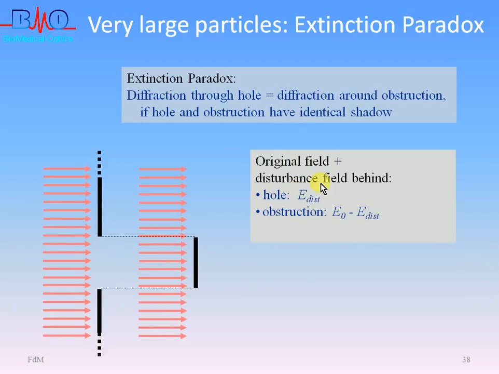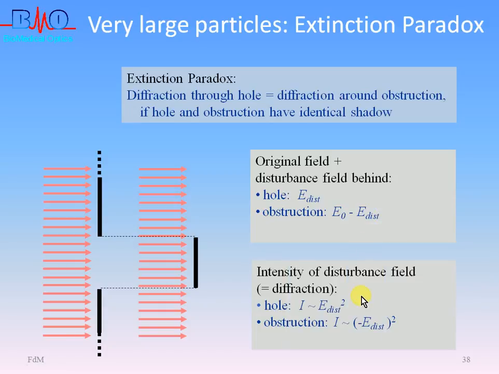The original field plus the disturbance field behind, that is for the hole, is just the disturbance field only, and for the obstruction it is E0 minus the disturbance field. Now the intensity of the disturbance field, when we leave the static part aside, is for the hole E squared, and for the obstruction minus E squared, and you can see that that intensity is the same.